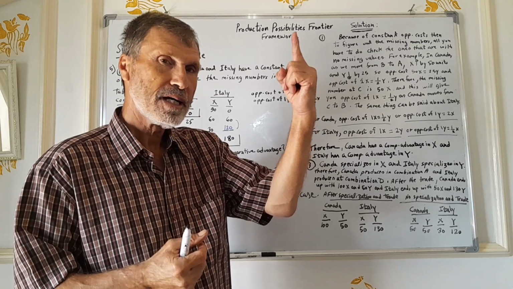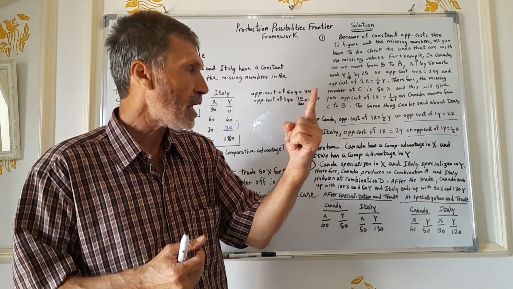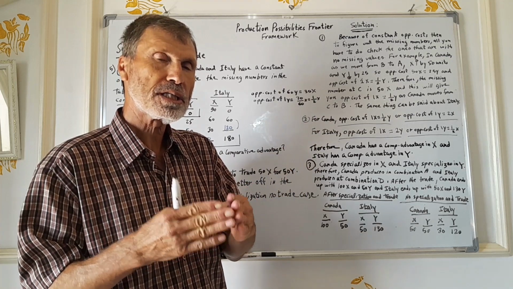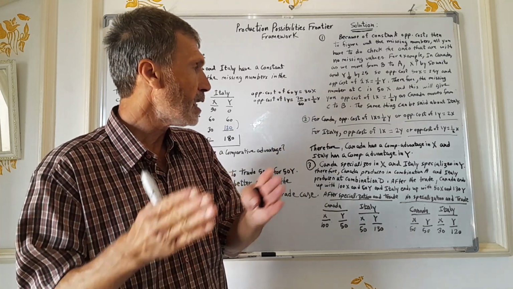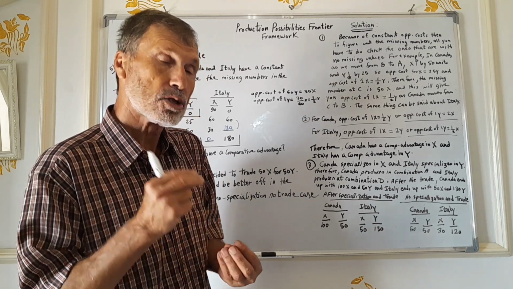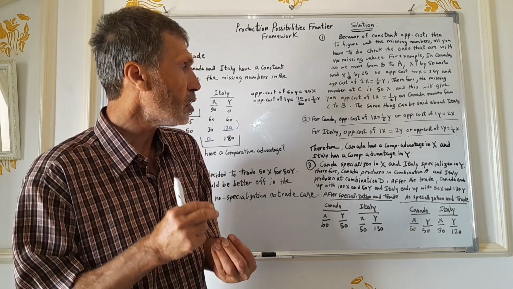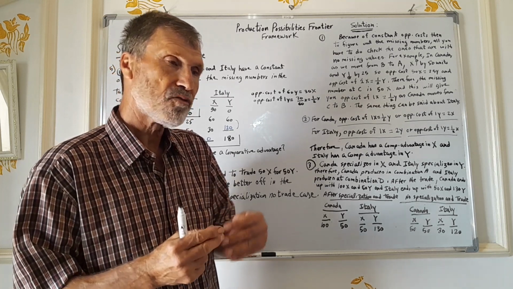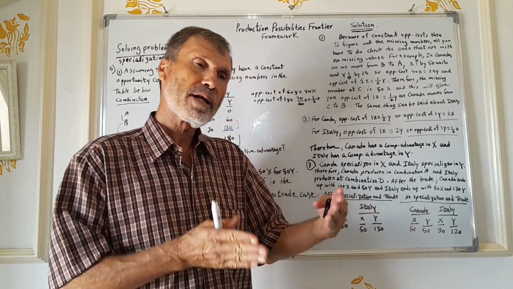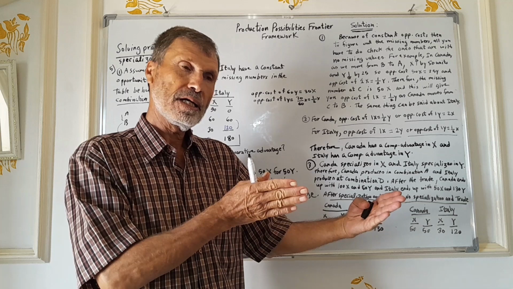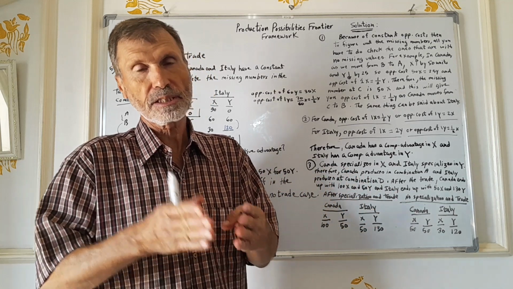However, it costs Italy 2y to produce 1x. Therefore, the cost of production is higher in Italy than in Canada. Therefore, Canada should focus upon the production of x, and Italy, the rule says, if one country or one individual specializes in one good, then the other country should specialize in the other good.